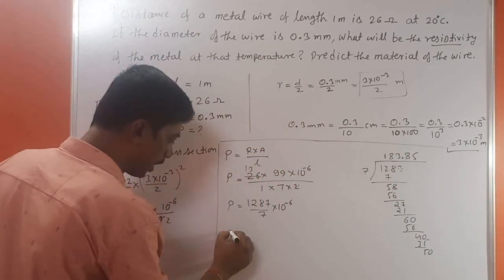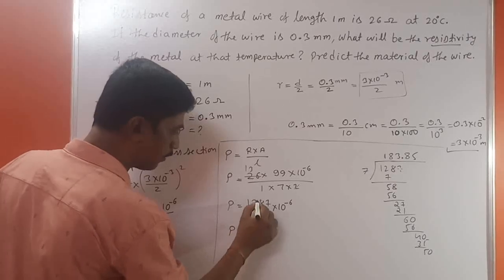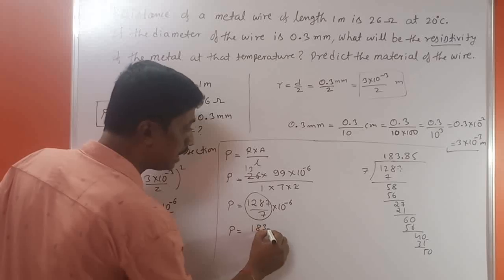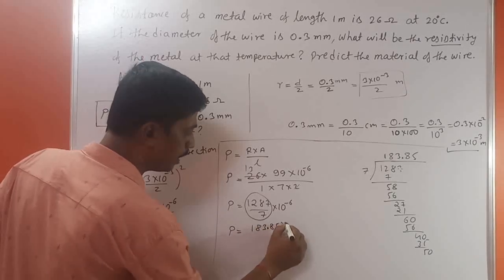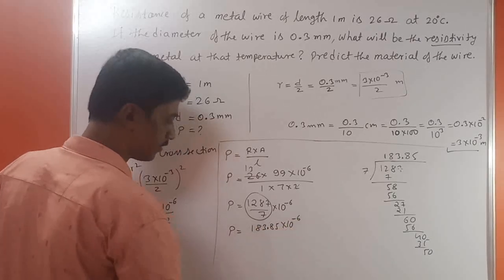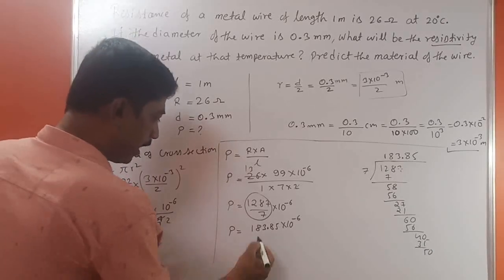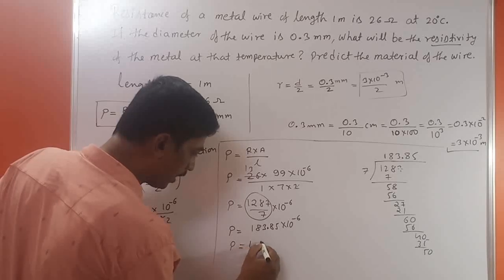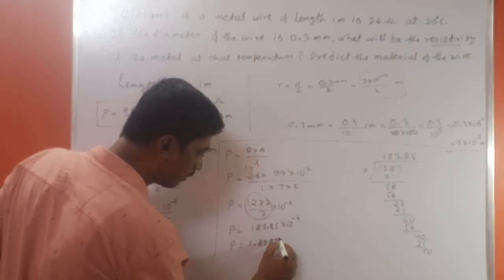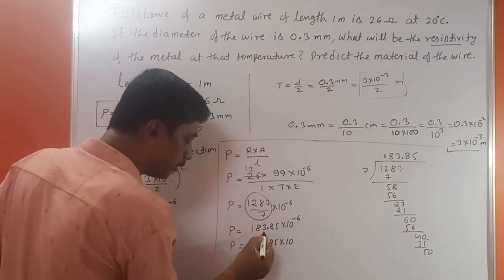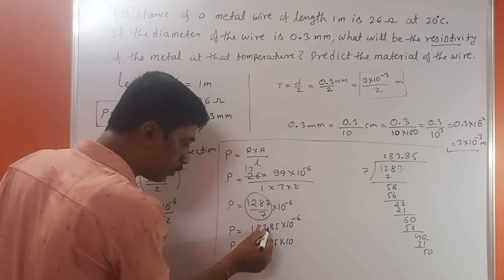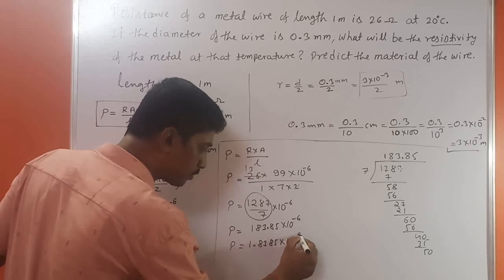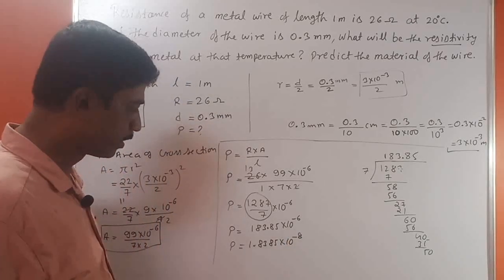So I get here the resistivity is equal to 183.85 into 10 to the power of minus 6. I need to get the point over here. So 1.8385 into 10 to the power of, because you took the decimal point towards the left 2 decimals, minus 6 becomes minus 8.